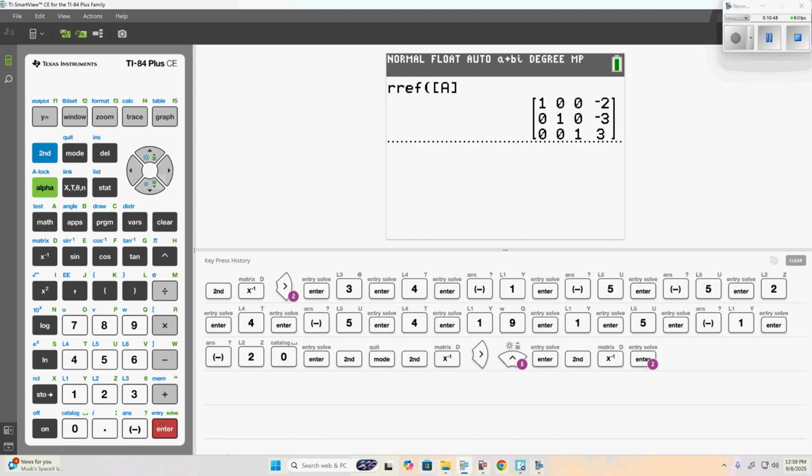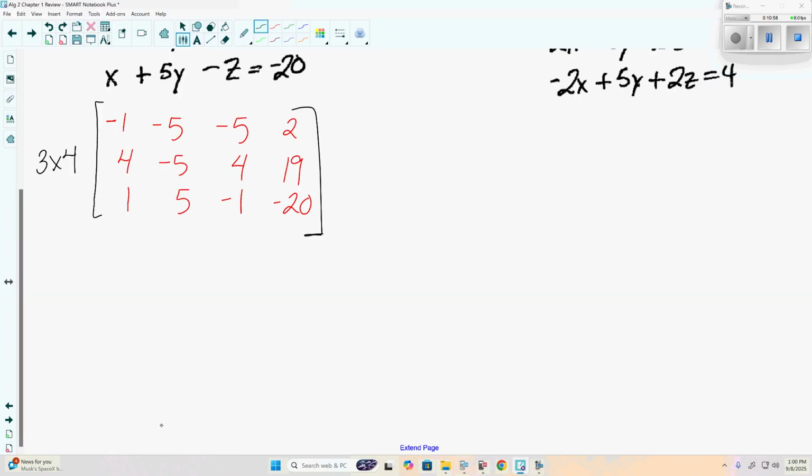And then the last column going from top to bottom is our X, Y, Z. So for this here, it'd be -2, -3, 3. And the solution would just be that point, -2, -3, 3.